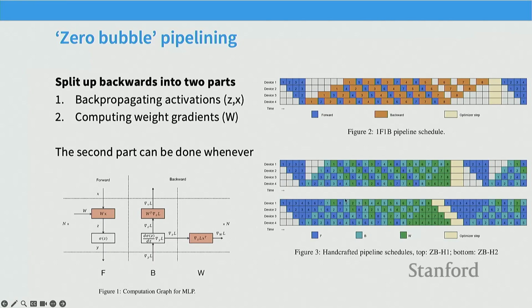And now I can do the computation of the weights, the W's, where I would have originally had a bubble, right? So the parts where I originally had these white idle utilization components, I can now fill them in with these W's, right? And so by thinking carefully about what the serial dependencies actually are, I can now have something really nice where I'm getting actually good utilization out of my GPUs.